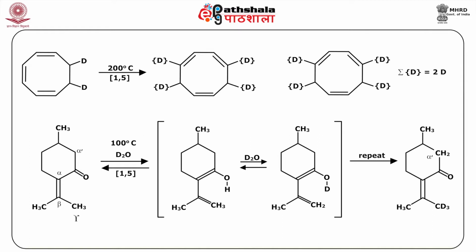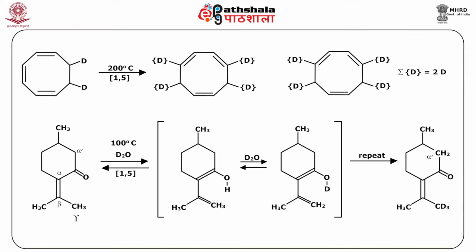noted. If 1,3 or 1,7 hydrogen shifts were taking place, the deuterium atoms would be distributed equally among all 8 carbon atoms.